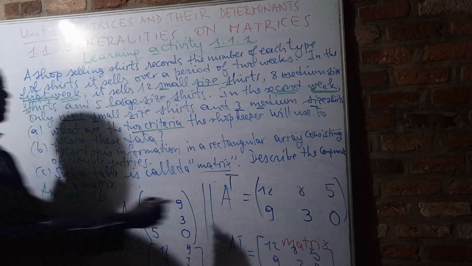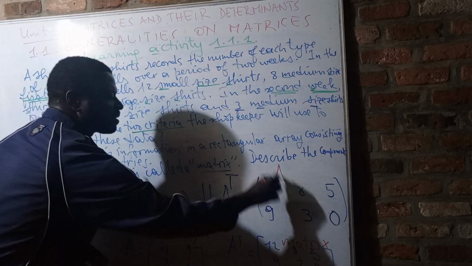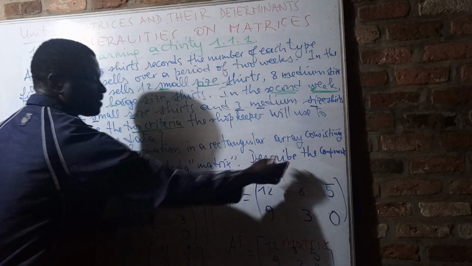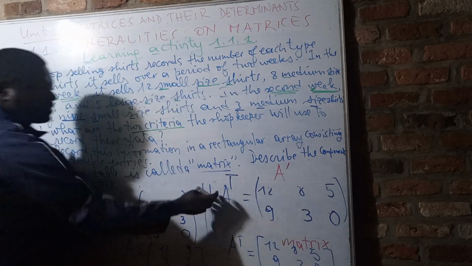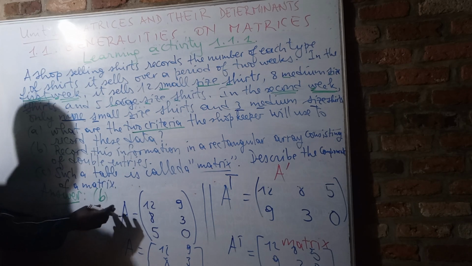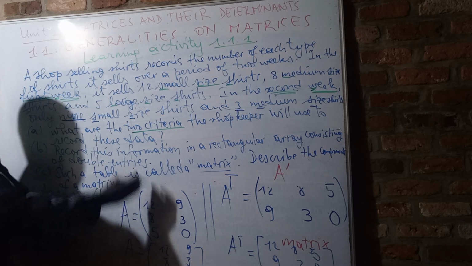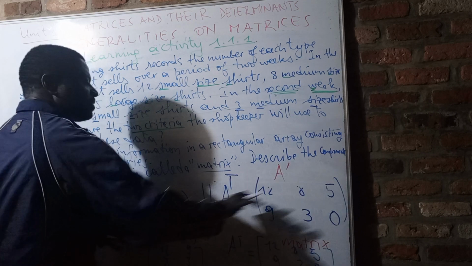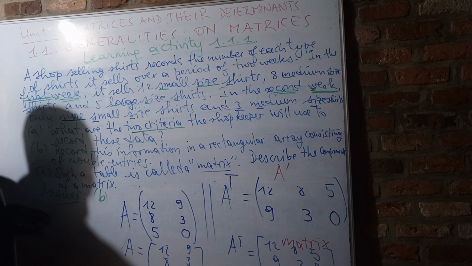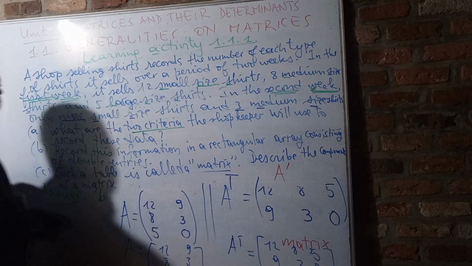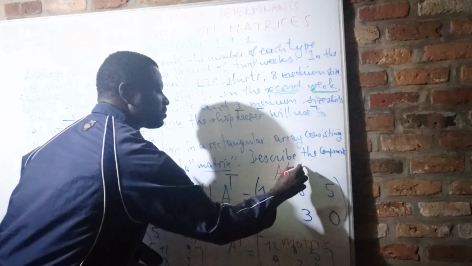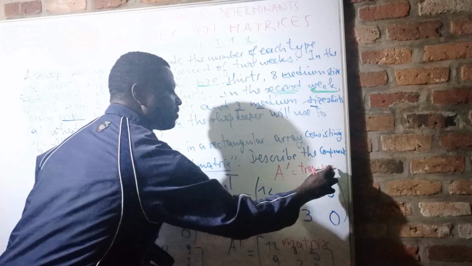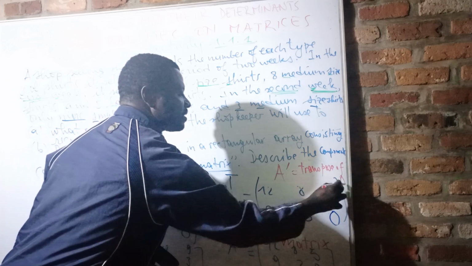In some cases, A transpose is also written as A prime, and when it is written in this case, you understand that what was the vertical array will become the horizontal array respectively, and then you get a transpose of A, also transpose of matrix A.